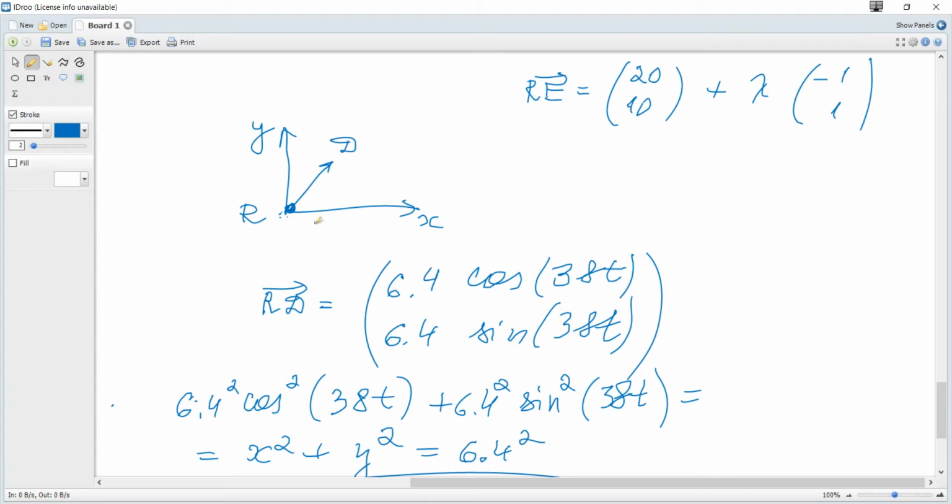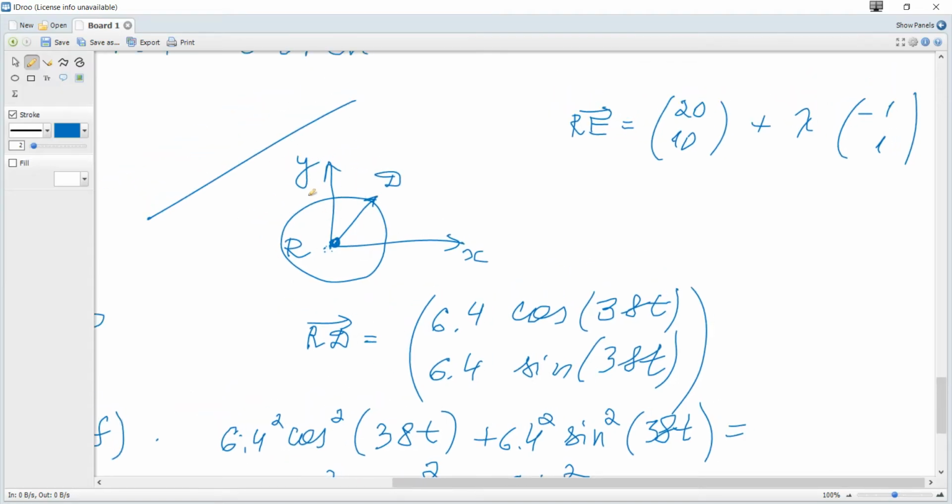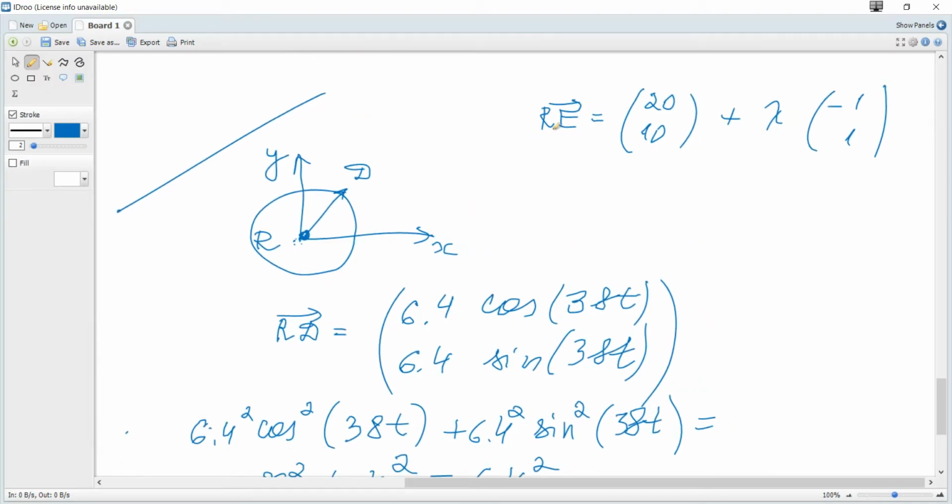So D is moving in a circle and RE is moving in a line. I don't know where this line is exactly, and it doesn't matter here. Let it be somewhere here, the line in which this E is moving.